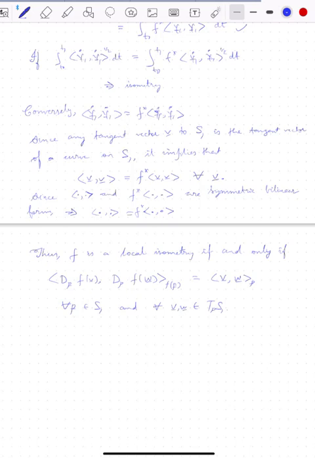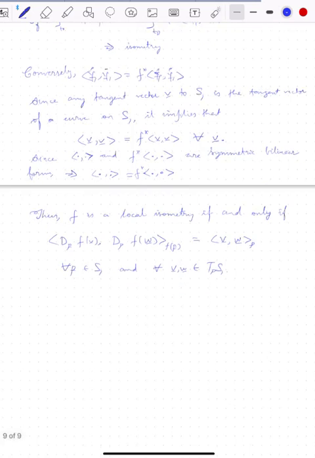Right. So which means that this differential dp of f maps from the tangent plane at p of S1 to the tangent plane, of course, at f of p vector on S2. So this is a linear map and it is an isometry. Right. So it implies that it preserves lengths.